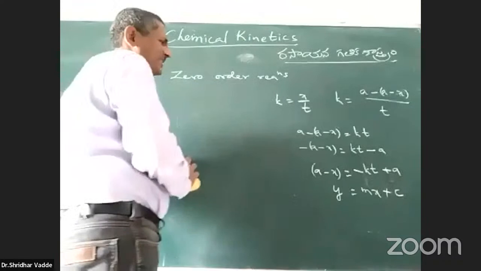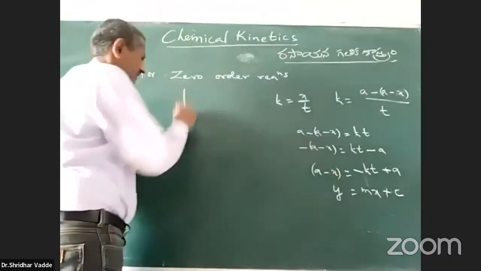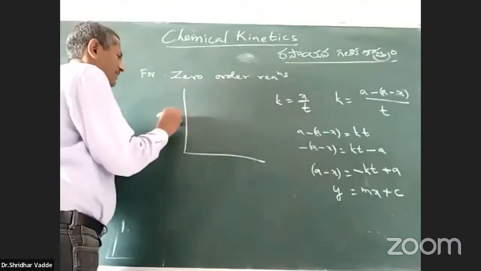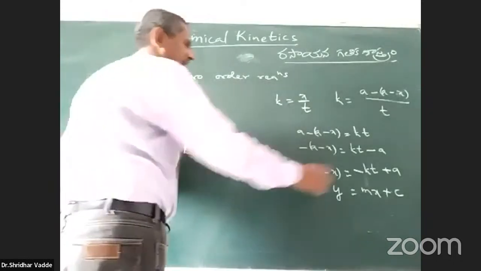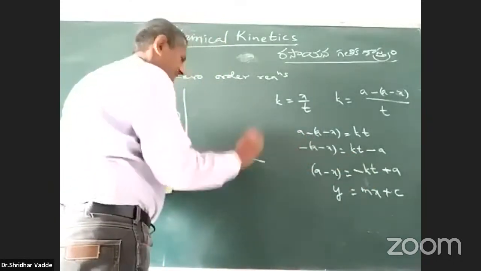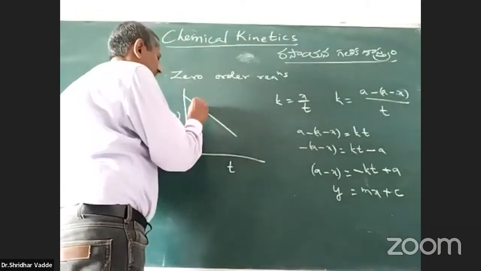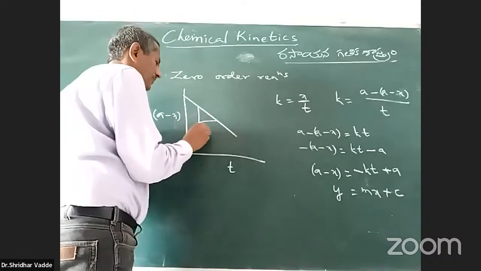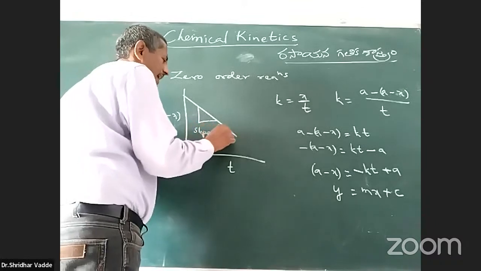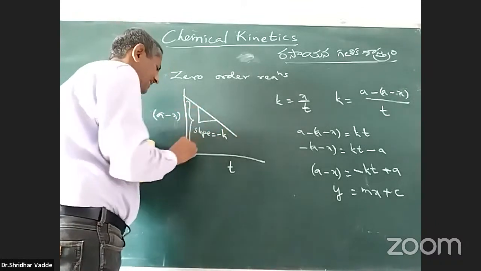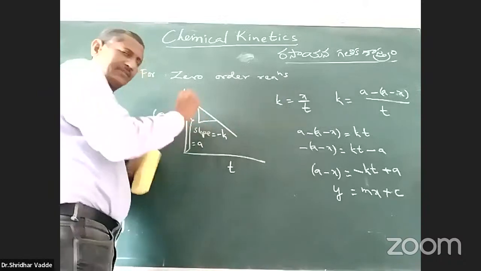So what happens here? Y is a minus x, x is t. So we can get a slope like this. This slope is equal to minus k, where the intercept is equal to a.